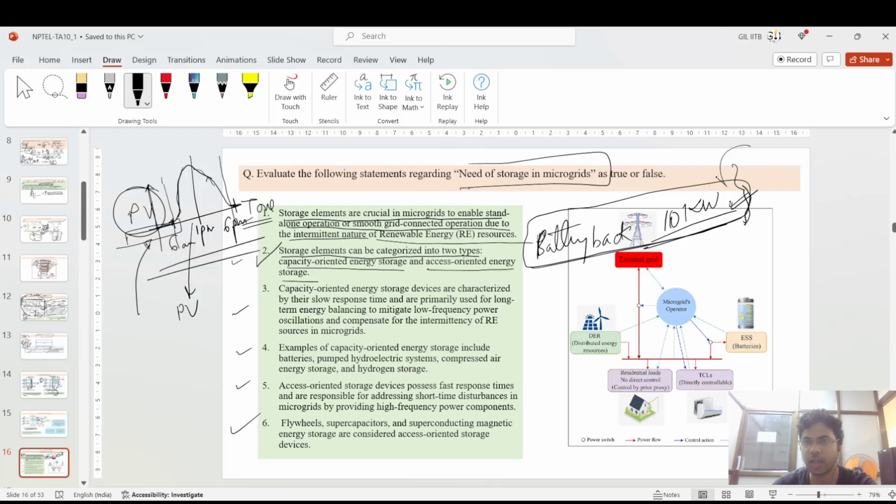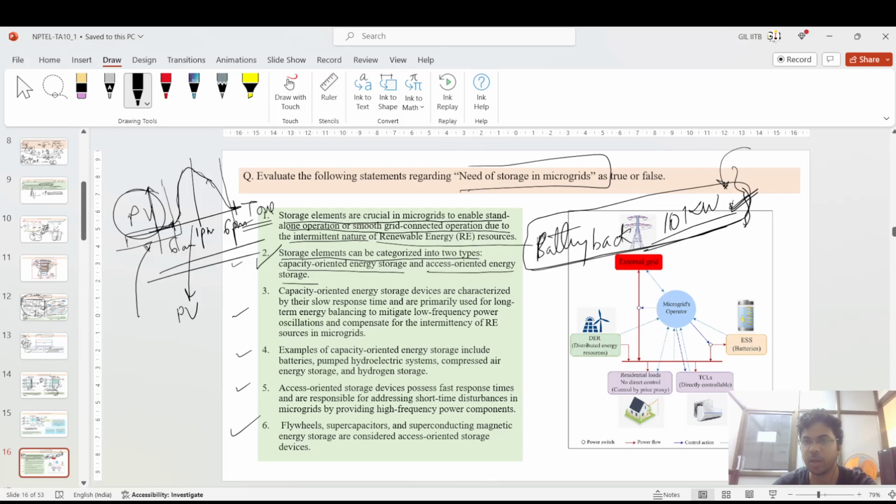Okay, this is the capacity oriented energy storage. If you charge at a particular time, it will be available at a particular standard. You can discharge 10 kilowatt when this situation occurs in the high loading capacity times. And second is the access oriented energy storage.